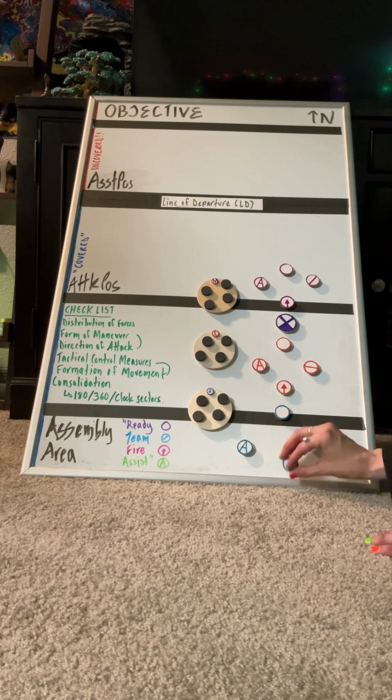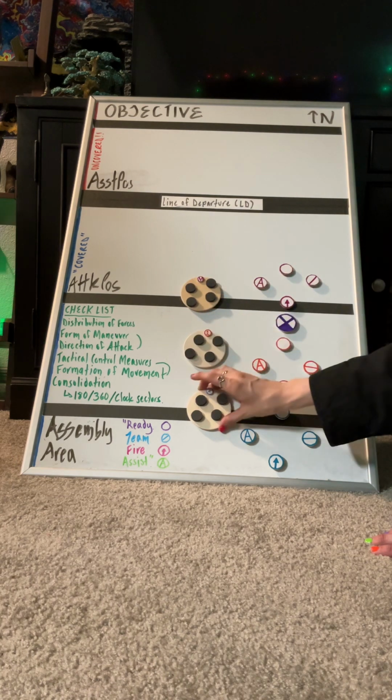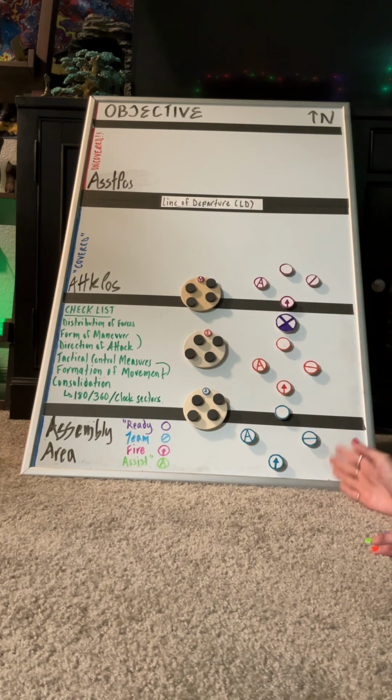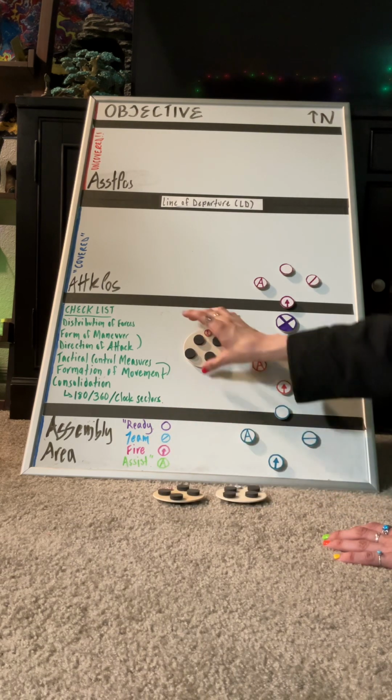Okay, now that we got all that set up, so now this is a squad column, fire team wedge. And we can make it even more complex. Let's take this off entirely.